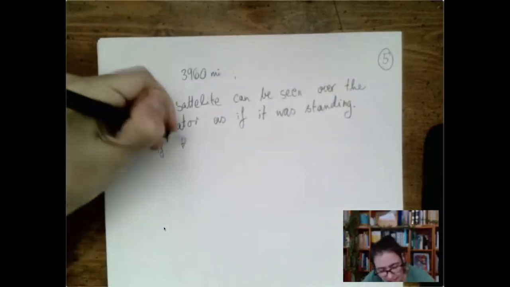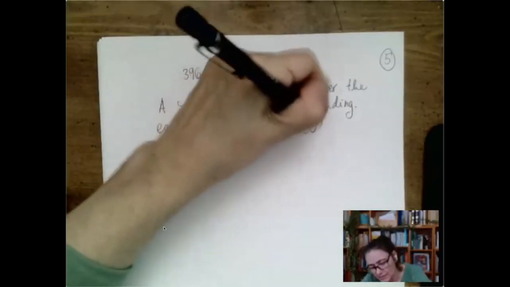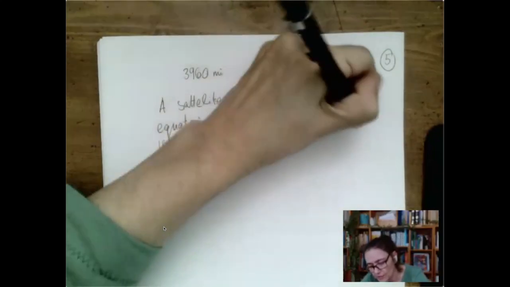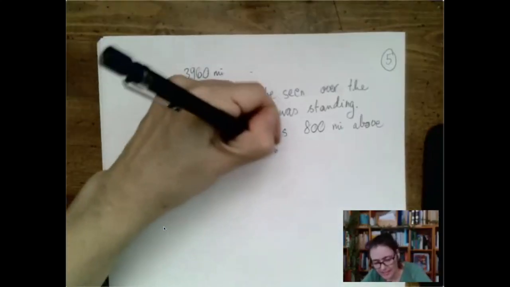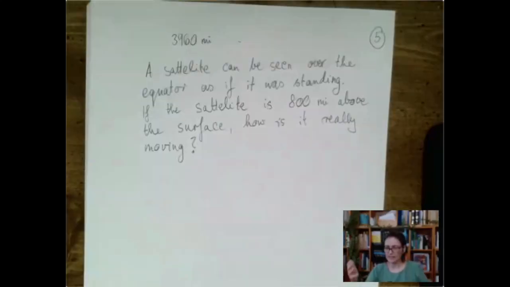If the satellite is 800 miles above the surface, how fast is it really moving? Well, why is it moving if it appears stationary? I'm asking you, do you have any idea why it would be moving if it appears stationary?